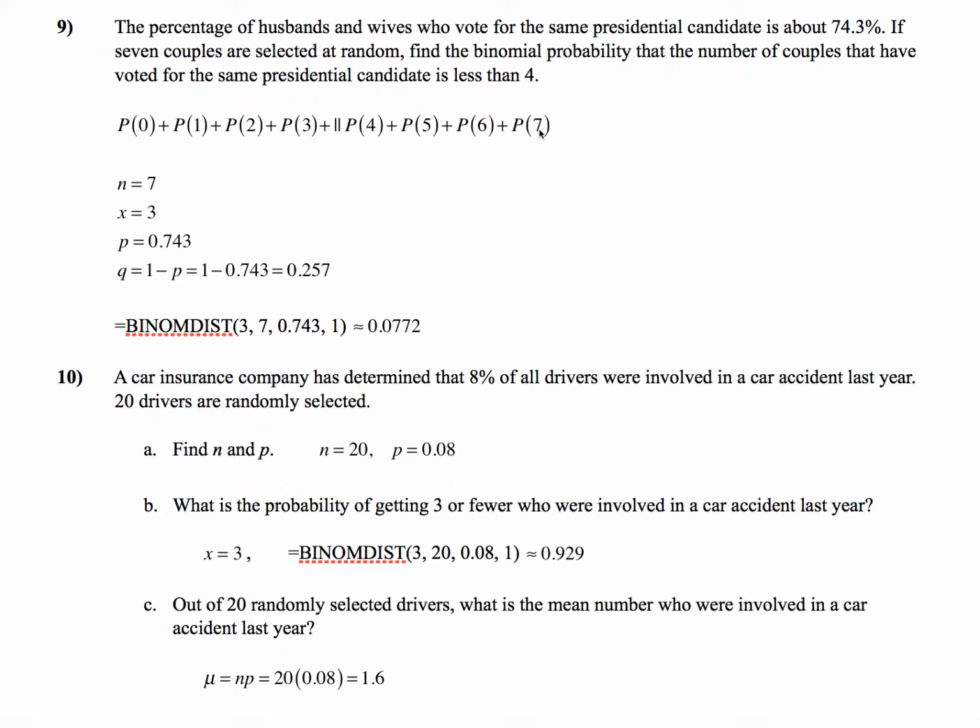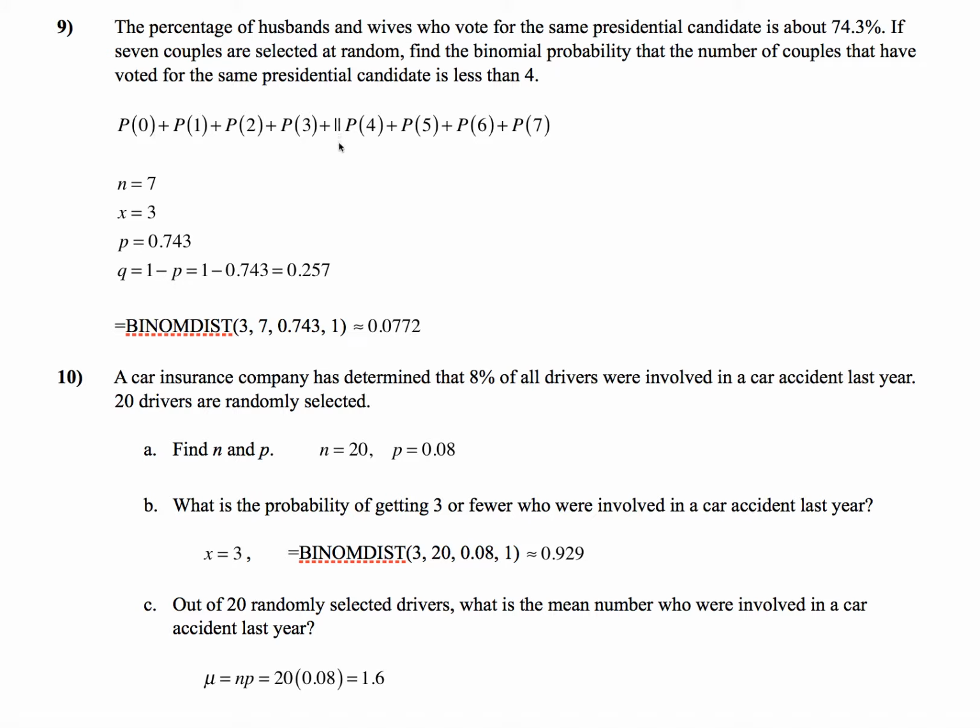however many trials there are. Well, we're asking the probability that the number of couples that have voted for the same presidential candidate is less than 4. Well, what's less than 4? 3 is less than 4. So is 2, so is 1, so is 0. 4 is not.